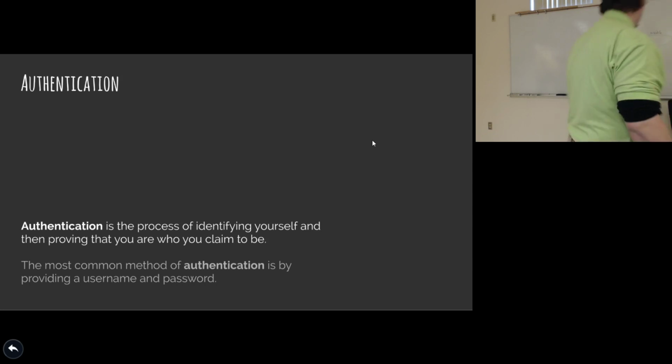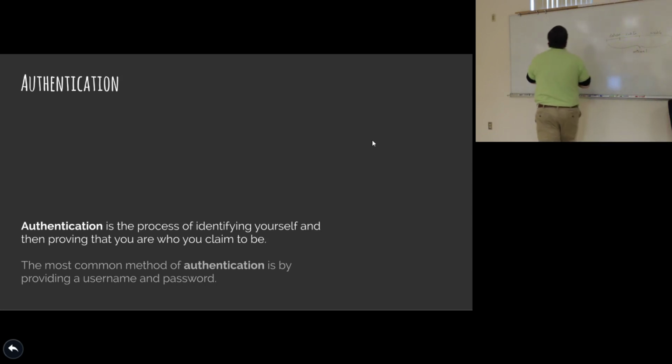So we can use, let's see what we got already. So username and password. We've got an API key. We've got security codes, which you might send to a phone, send through text or email.